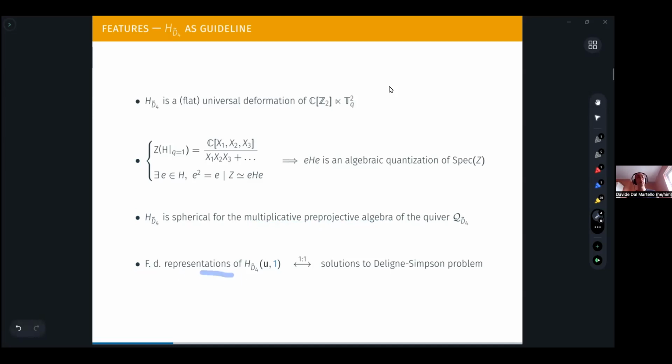If I study finite dimensional representations of HD4, this can be extended again, on the classical limit of Q equal to 1, I get a one-to-one correspondence with solutions of the so-called Deligne-Simpson problem. Now, the Deligne-Simpson problem basically starts like this. You select some conjugacy classes in some group, and you look for a solution of this problem.